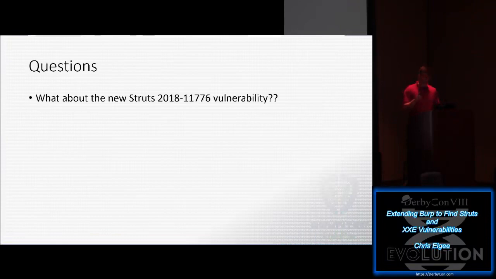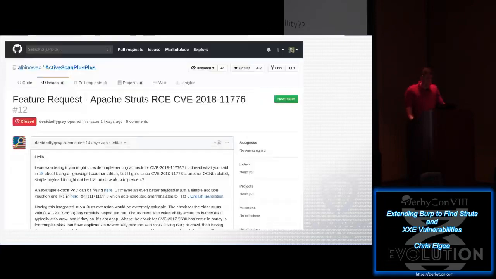So to answer your first question, what about the new Struts, right? The one that just came out this summer, 11776. That one we actually got, I say we as though James Kettle and I hang out, but we got a request from Decidedly Gray asking for that, and I looked into it, and it wasn't much different from the other vulnerabilities.